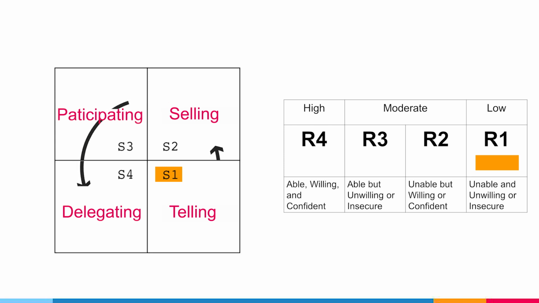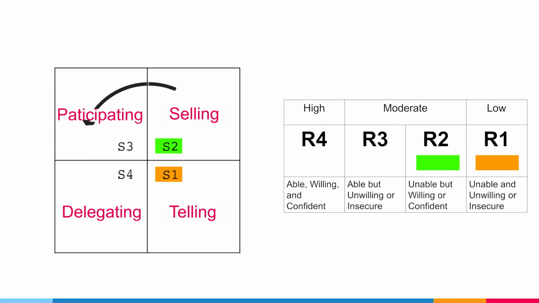Followers with the next highest level of readiness, R2, are those who lack ability but are willing and confident. The best style for this level of readiness is a selling style, S2, one that is high in both task and relationship behaviors. This style emphasizes the leader explaining decisions that have been made.